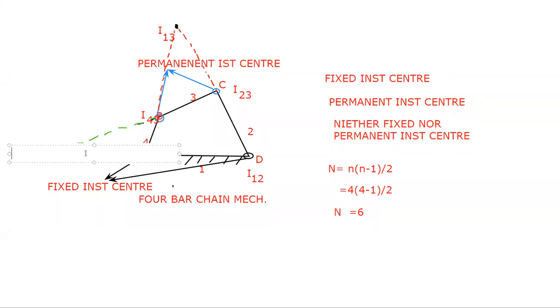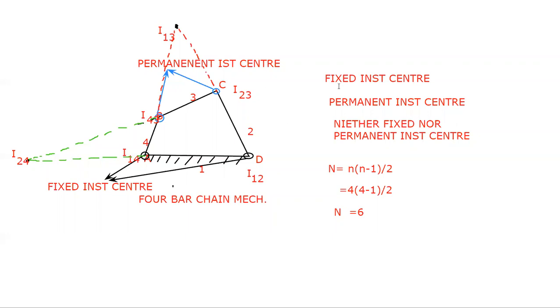I can write this as I24. So this is my last instantaneous center. So I got now 6 instantaneous centers.